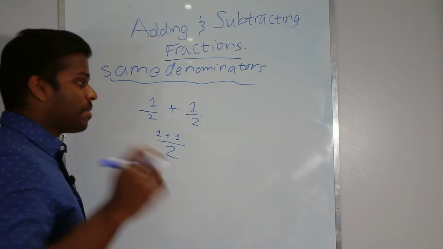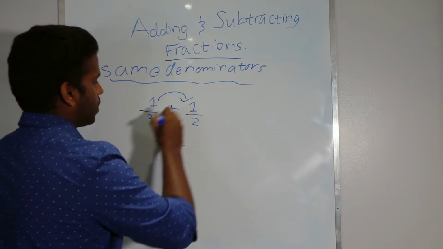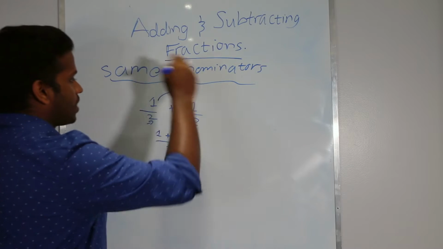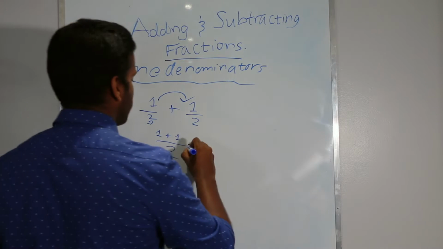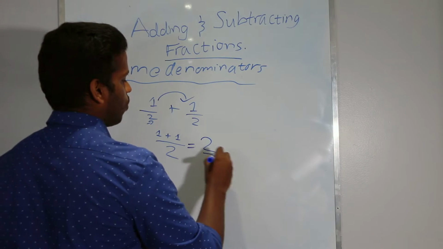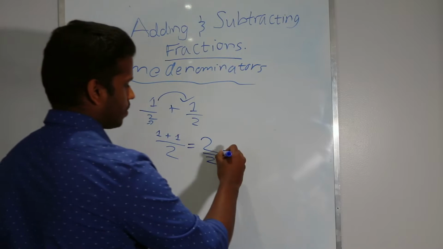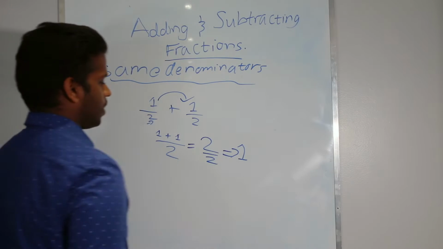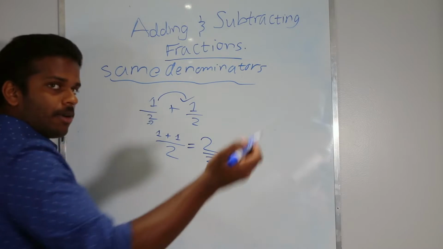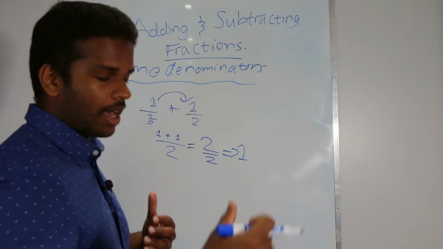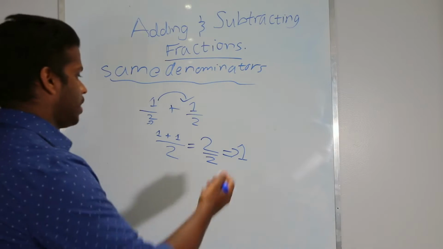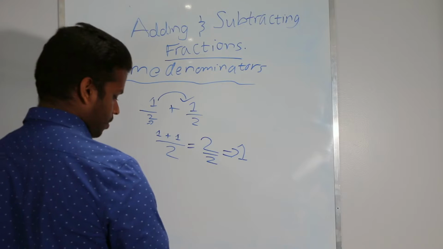When it's the same denominator, we just add the numerators. So 1 plus 1 is 2 over 2. So 2 over 2, we know, is equal to 1, because we added 2 halves, and we know that 2 halves make 1. So that's explained. Same thing with subtraction.